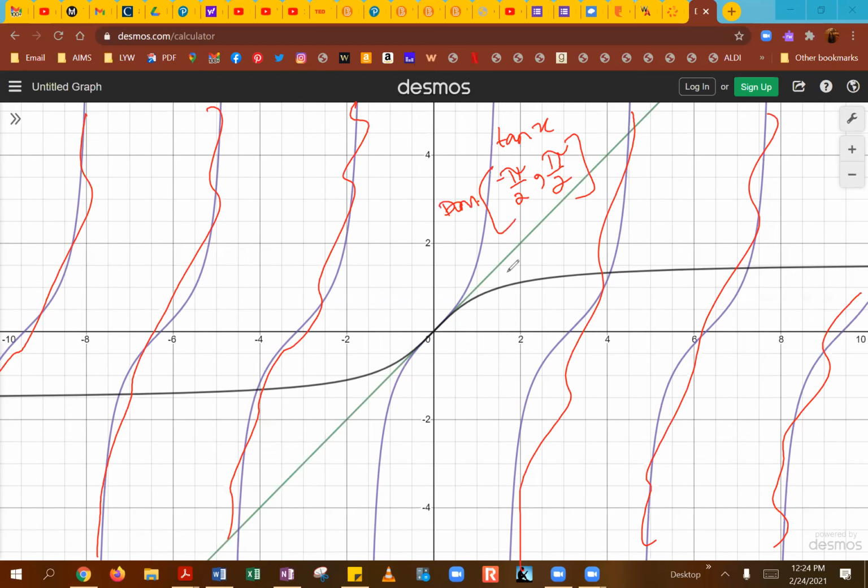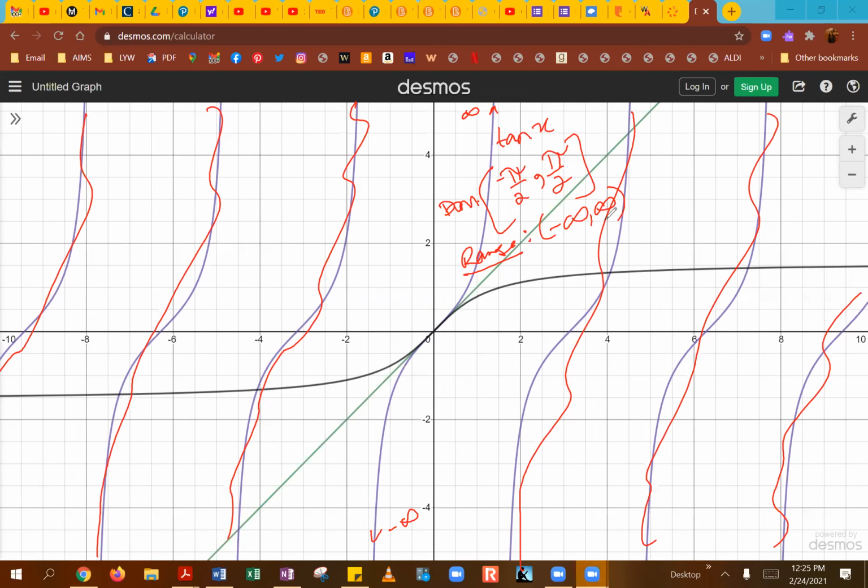So remember that will become the range of the arc tangent function. And then, of course, the range for the tangent function, this arm is going up to positive infinity. This arm is going down to negative infinity. So the range for your tangent function is negative infinity to positive infinity.